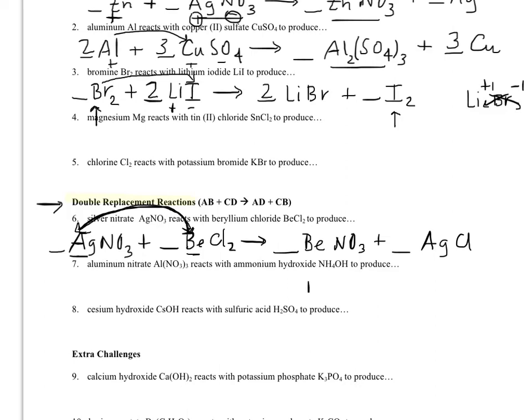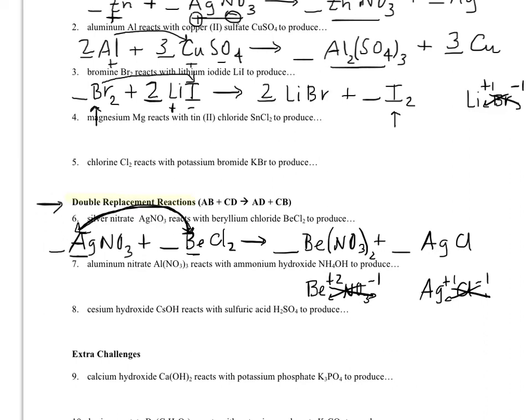So let's try it first for the beryllium and the nitrate. The beryllium has a +2 charge. The nitrate has a -1 charge. So if we swap and drop, right, I'm going to have 1 beryllium, but I'm going to have 2 nitrates. Over here, silver has a +1 charge. Chlorine has a -1 charge. So it's just subscripts of 1 and 1.